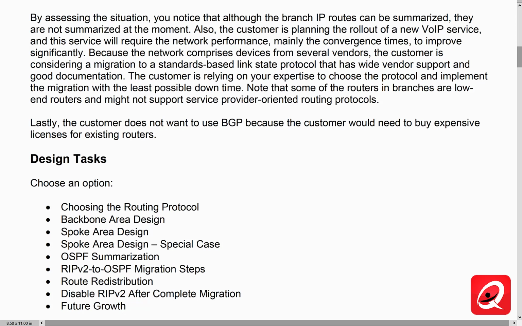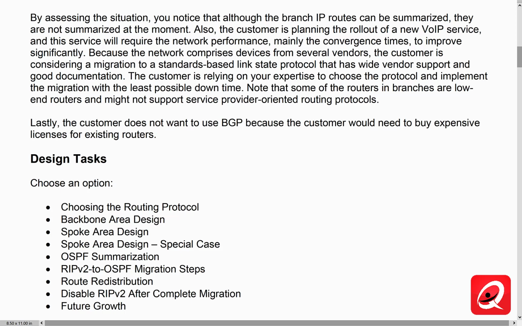Also, the customer is planning the rollout of a new VoIP service, and this service requires better network performance, mainly in convergence times, to improve significantly. Certainly using a classic distance vector routing protocol is not the best choice in that particular case. RIP version 2 is a very, very slow converging routing protocol.